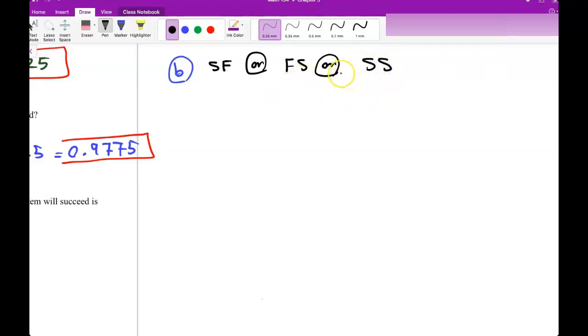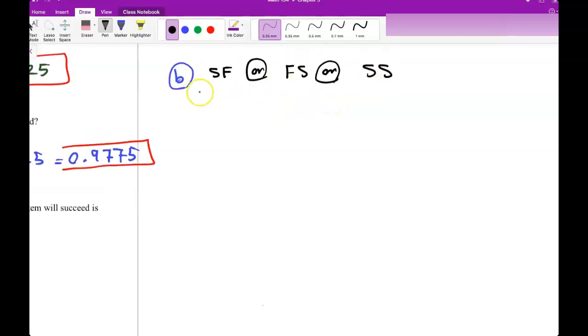Because here we have two identical components that will succeed. We only have succeed, we don't have failure. So I should have at least one succeed. See, here I have success, but here we have two successes. So we have 3 here. And based on what we have here, this is the sample space.